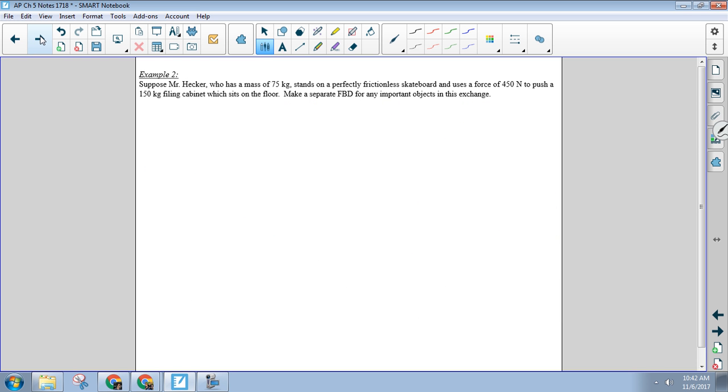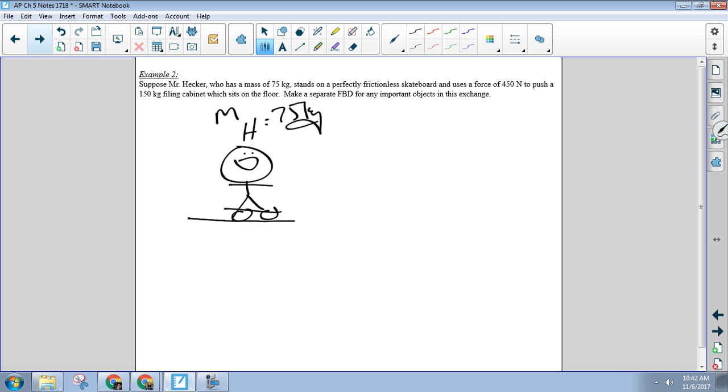So example 2 is almost the same thing, but this time instead of having Sally pushing Roy, it's me pushing a filing cabinet. Let's run through this real quick. So here's me. And I'm going to push a cabinet.